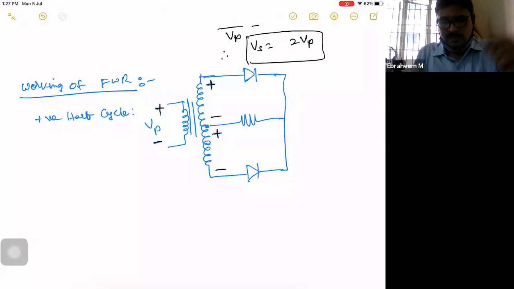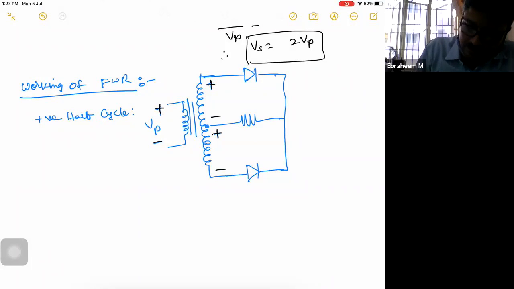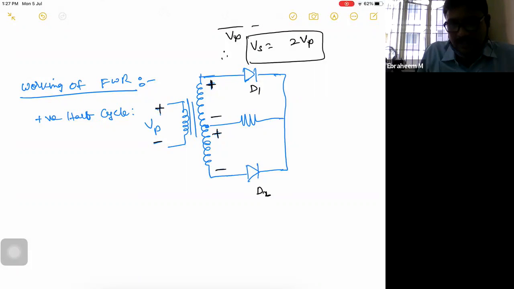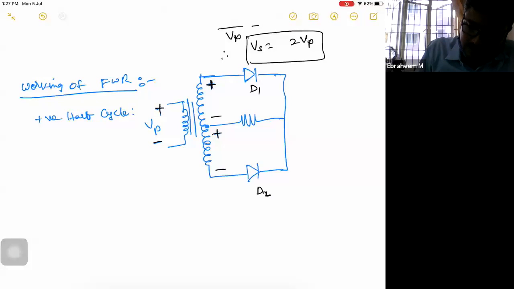You can observe the polarity of the secondary voltage. With this polarity, you have diode D1 here and diode D2 here. The plus terminal is connected to the anode of diode 1, whereas the negative voltage is applied at the anode of diode 2. So diode 1 is forward bias and this is reverse bias.